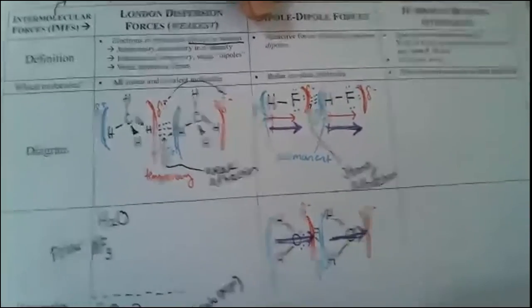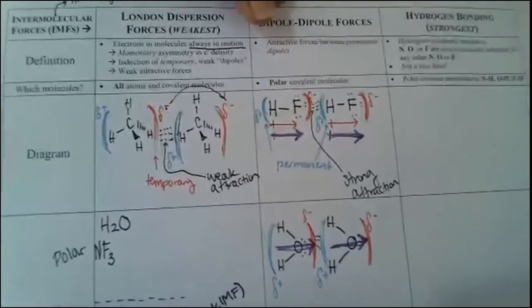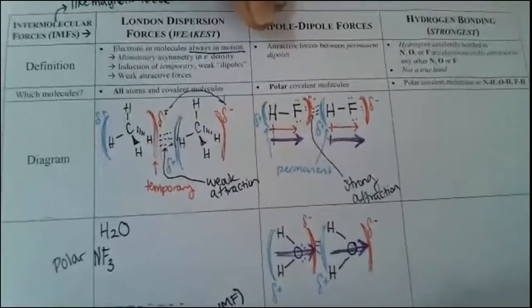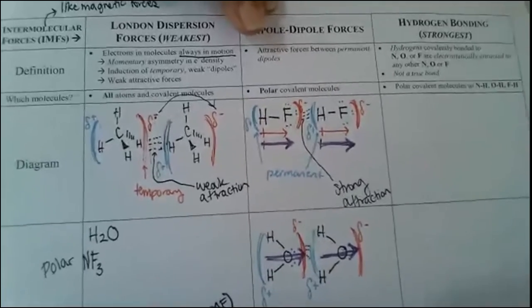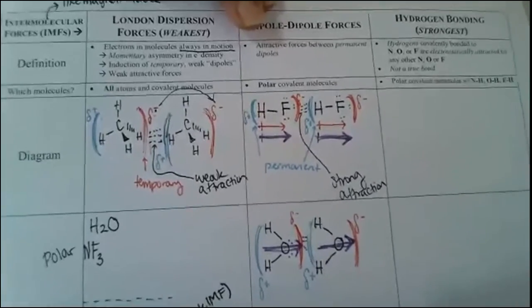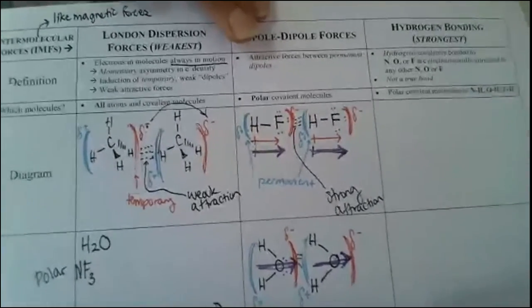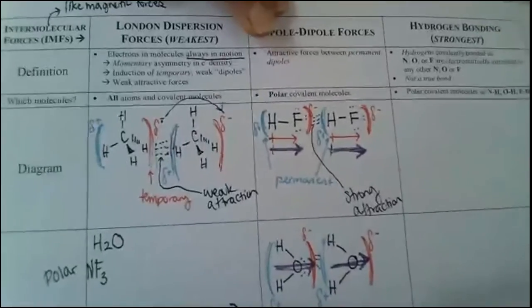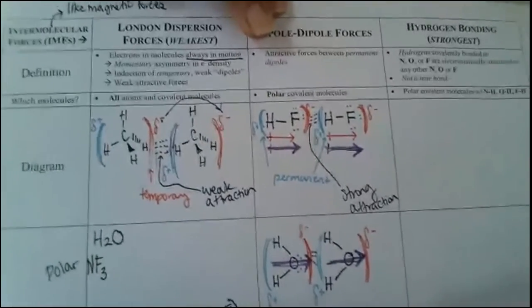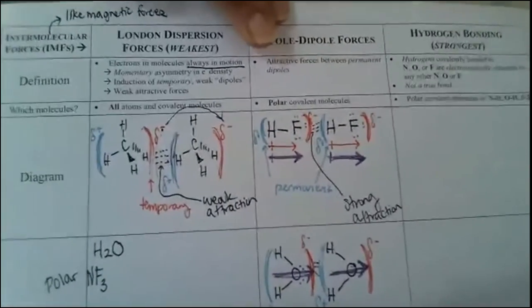With that permanent dipole arrow, see how I pointed where I wrote permanent, and I pointed to the blue part? That's permanent, but also the purple dipole arrow is what we're using to show that it's a permanent dipole.